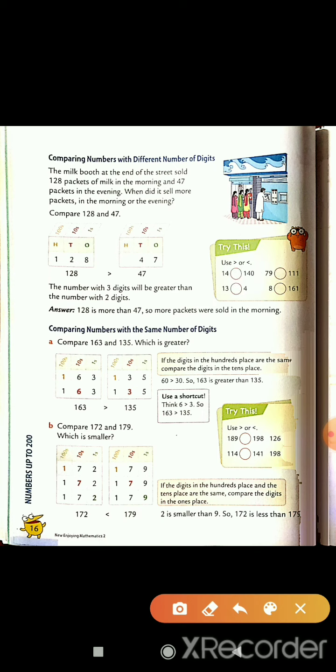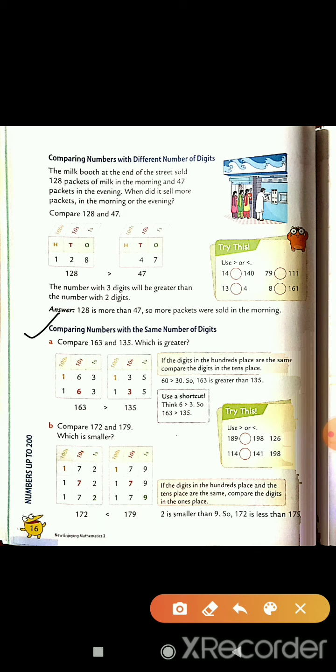Our next topic is comparing numbers with the same number of digits. Now, in the earlier topic, we learned how to compare the numbers which have different number of digits. Now what will we do if the numbers have the same number of digits?